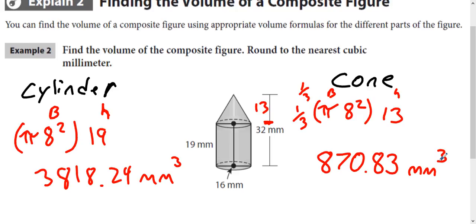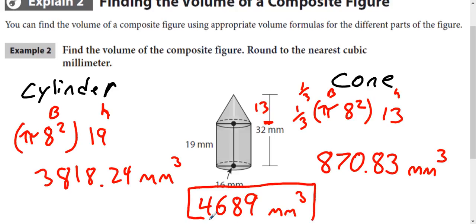Add those together to get the total volume. It's 4689.07, rounded to the nearest cubic millimeter. Don't have to worry about that 0.07.